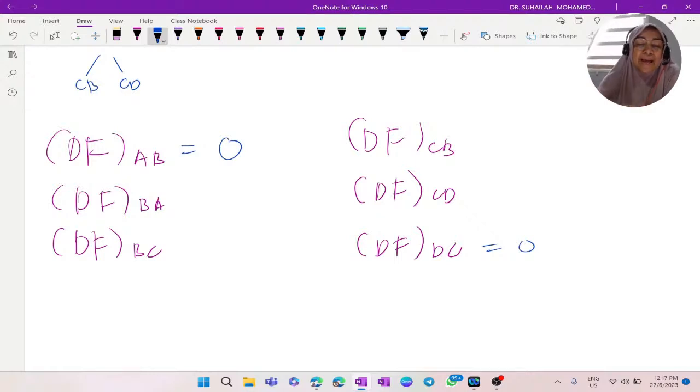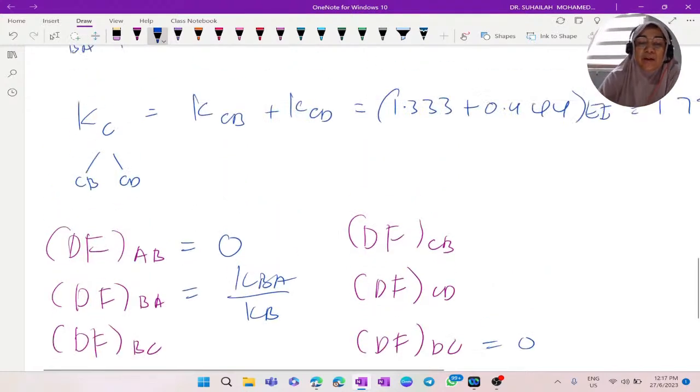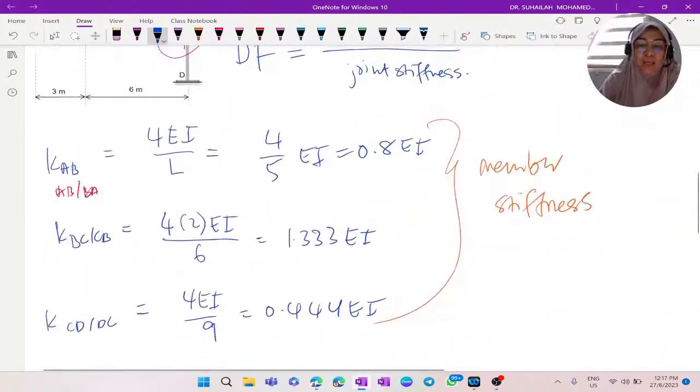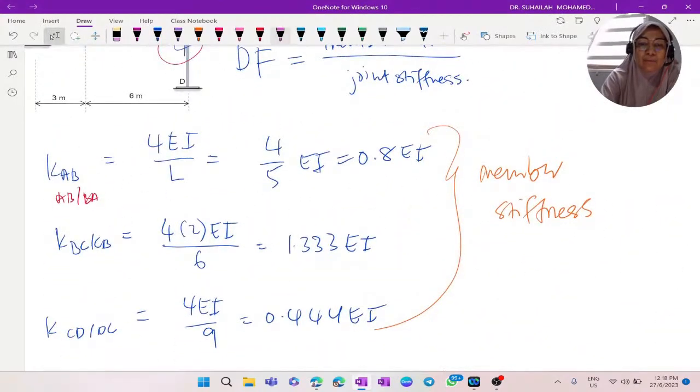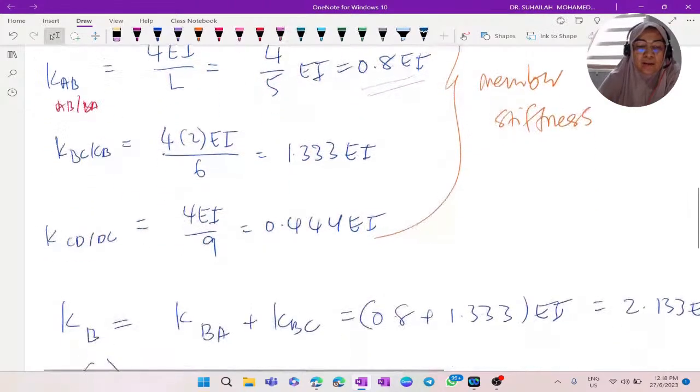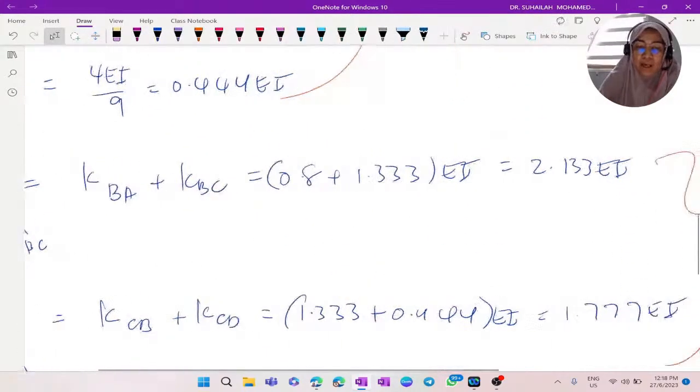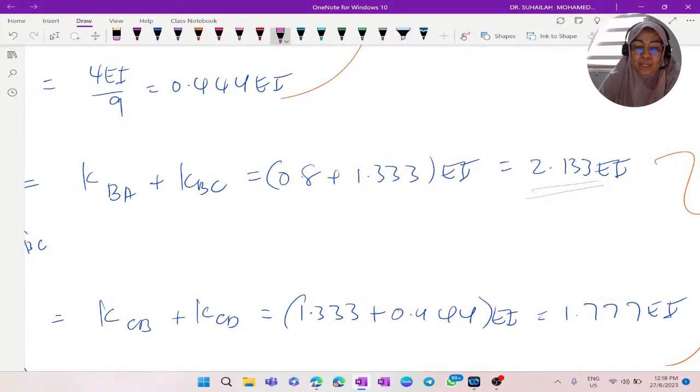For DFBA, what does it mean? It is KBA divided by KB. KBA is 0.8, KB is 2.133.